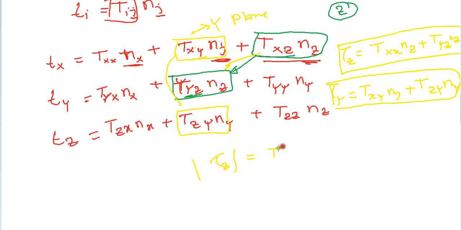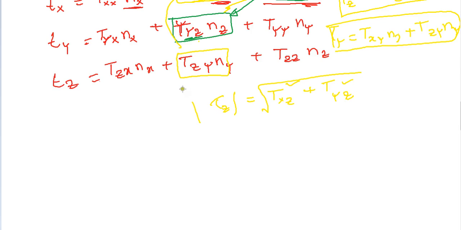It is the square root of T x z whole square plus T y z whole square, and similarly we can write the magnitude for the others. Similarly, you can find the magnitude of shearing stress along plane x, plane y, or plane z.